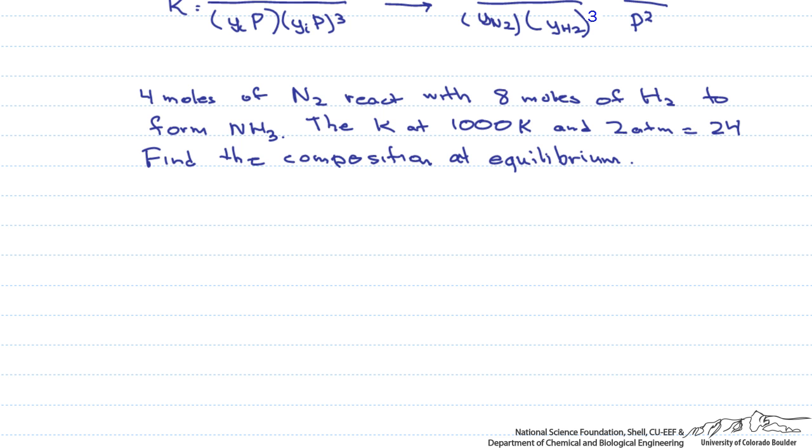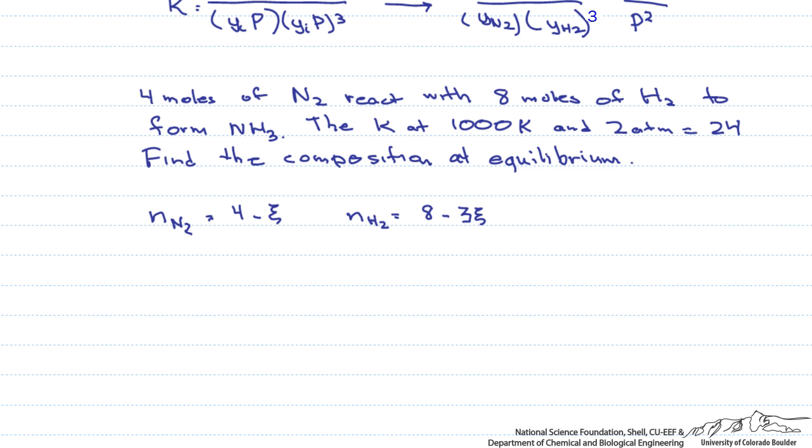In this problem, we're going to use the extent of reaction to find the number of moles at equilibrium. So the number of moles of nitrogen is going to equal the 4 that came in minus the extent of reaction. The number of moles of H2 at equilibrium is going to equal 8 minus 3 times the extent of reaction.